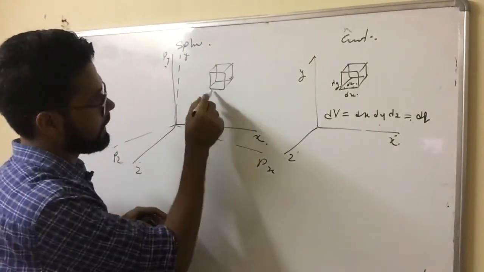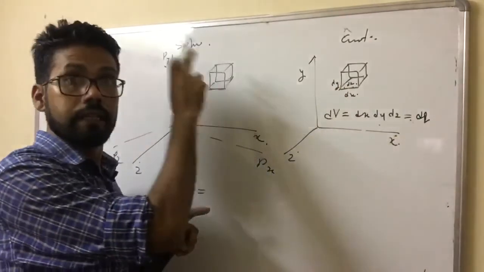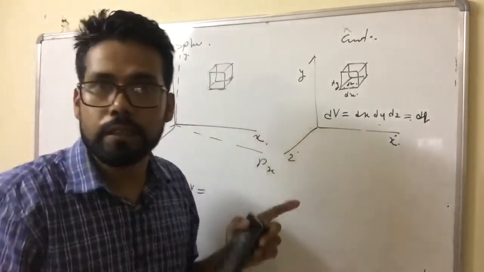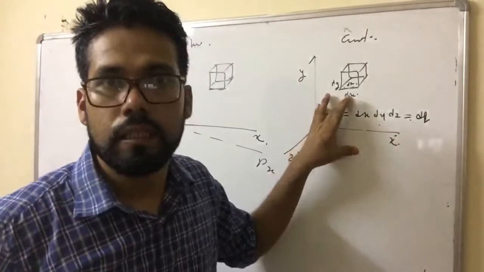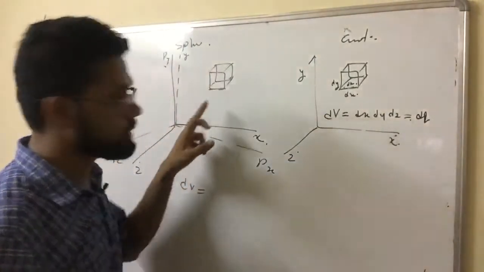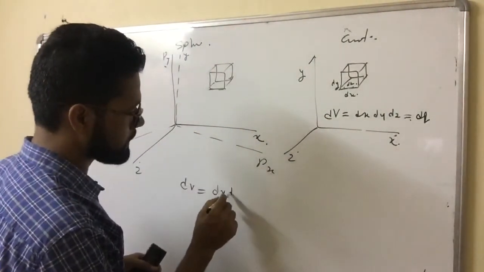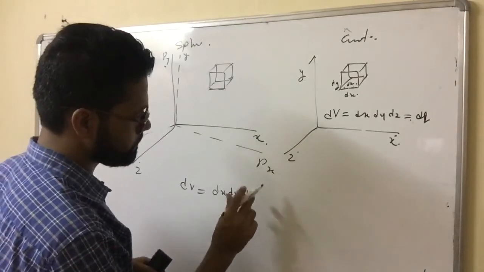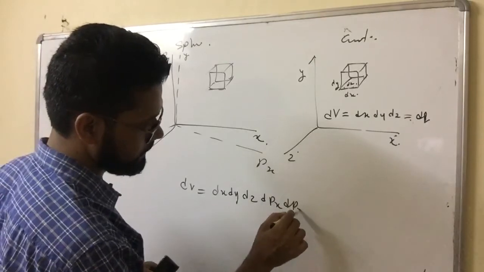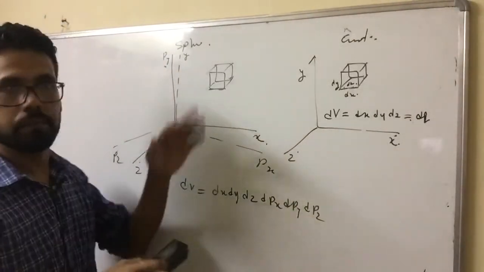Here it is 3 dimensional, there it is 6 dimensional. In Cartesian space we take the product of all dimensions, dx dy dz. In phase space we take the product of all, dx, dy, dz, dpx, dpy, dpz. Clear? This is the basic understanding of phase space.